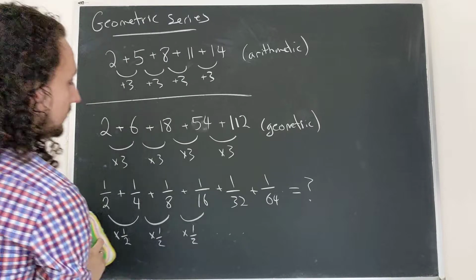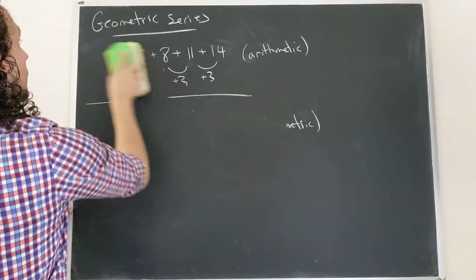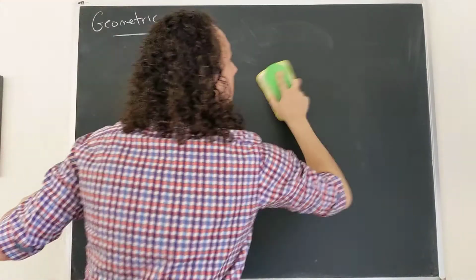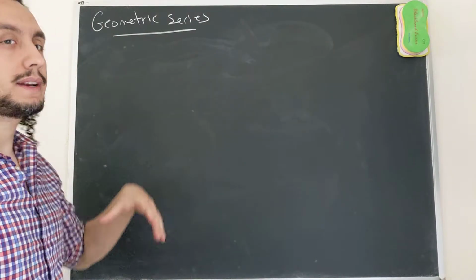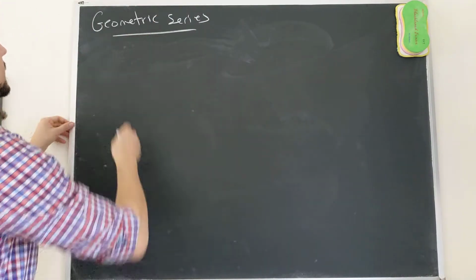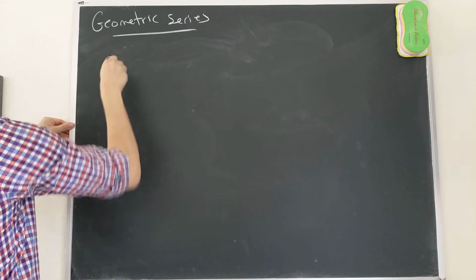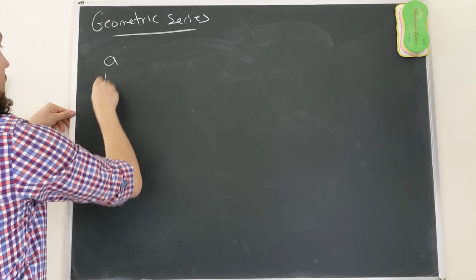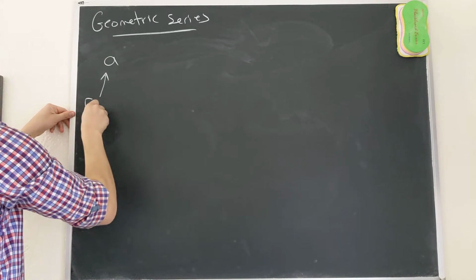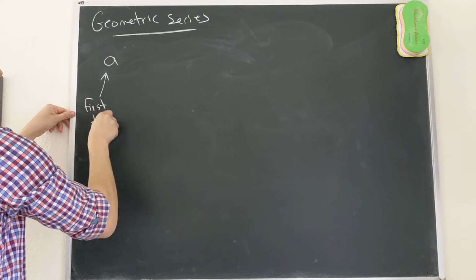So let me give myself some space. And let me start by writing down a general geometric series, which will look like this. A stands for the first term, which is sort of a free choice.